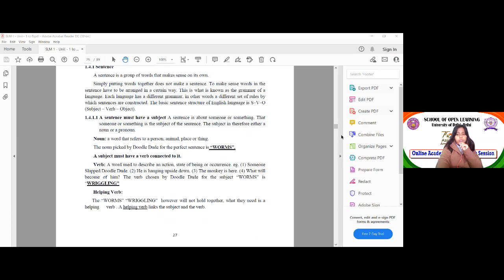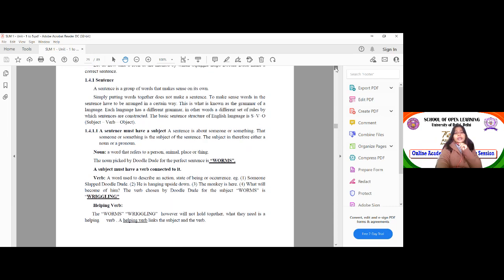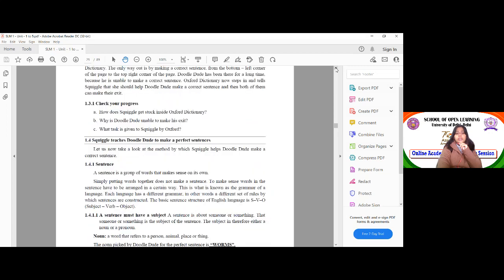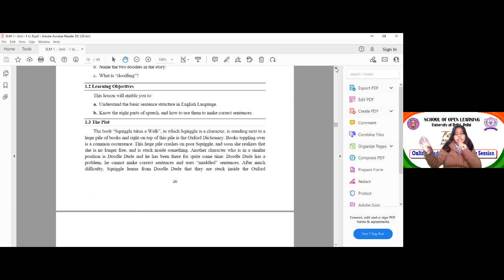Now what we will do is go to a little more advanced sentence, because as you know, we are studying this chapter with the help of this story called Squiggle Takes a Walk.